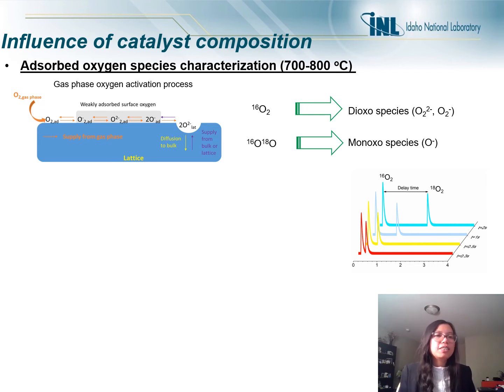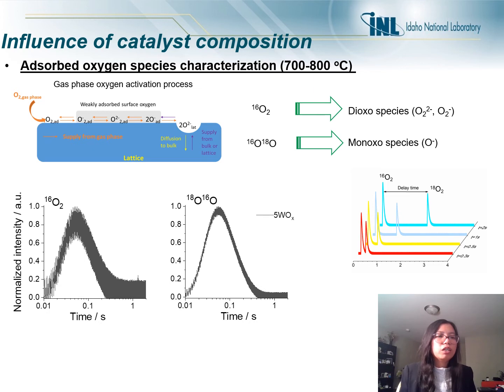And then a secondary 18O2 process is injected, and the exchange of 18O with the 16O intermediates from the primary process can be detected. The formation of 16O2 during the 18O2 process can be ascribed to the existence of some dioxo species, and the formation of mixed isotope 16O18O can be contributed to the existence of monooxo species.